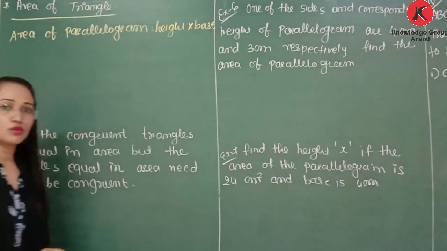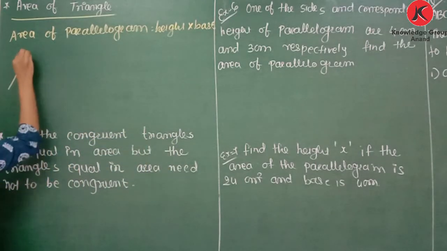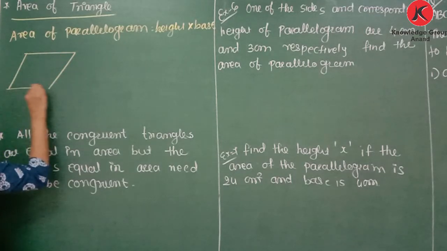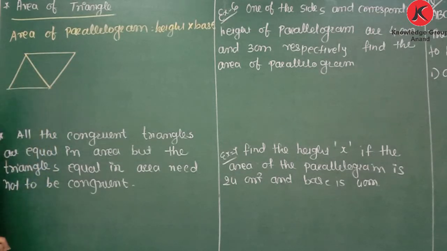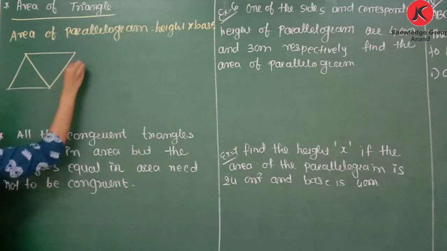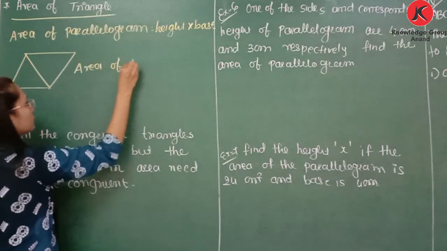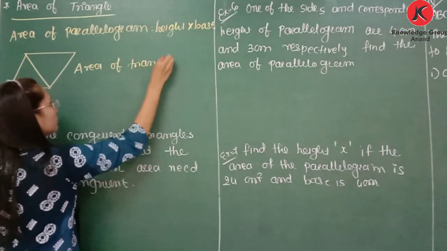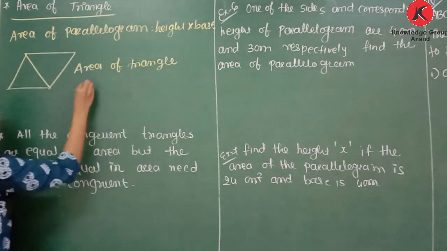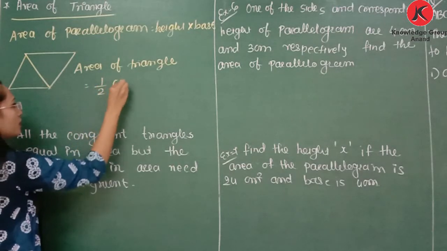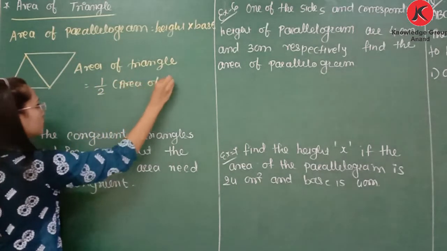Now if we divide the parallelogram into two triangles, what is the equation for the area of a triangle? It will be divided into two equal parts. The area of a triangle will be 1 by 2 the area of the parallelogram.